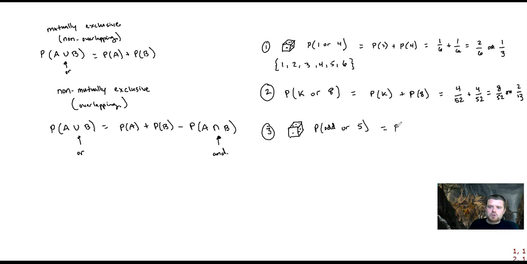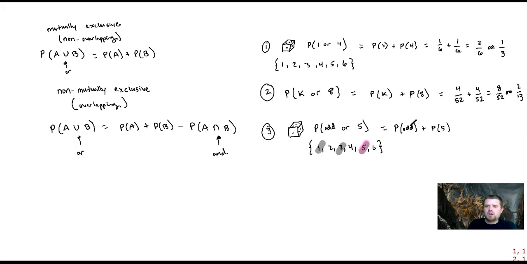So if I were to just do probability of an odd plus the probability of a 5, let's say we wrote out our sample space for this one, 1 through 6. If I count my odd possibilities, that's 1, 3, and 5. And if I count my 5, well, I'd be counting the 5 twice. That's why we have a subtraction of the intersection in non-mutually exclusive events.